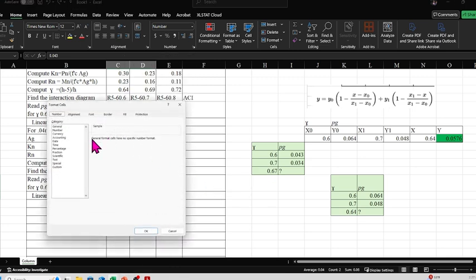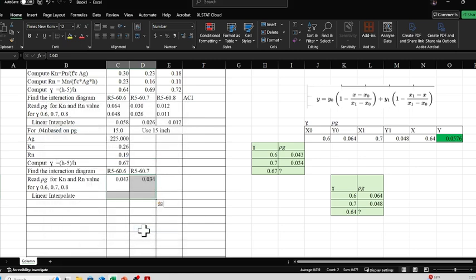Make sure you format your number so it shows up. There we have it. And now I'm going to plug in my formula here. For 0.6 I had 0.043. For 0.7 I had 0.034, and our number is 0.67.